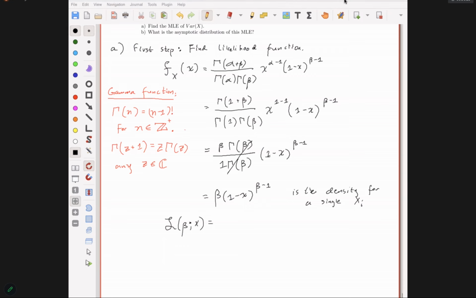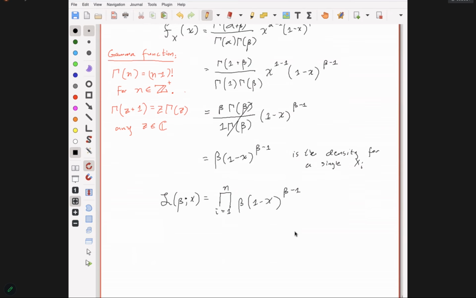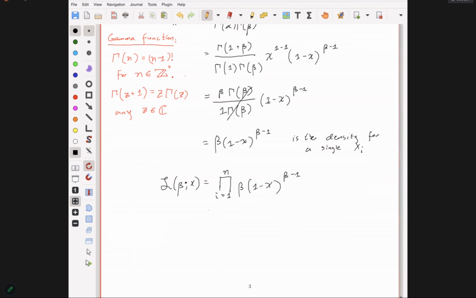We're going to take the product of all of these individual densities. So this is the product from i equals 1 to n of beta times 1 minus x to the power of beta minus 1. And then what do we get?